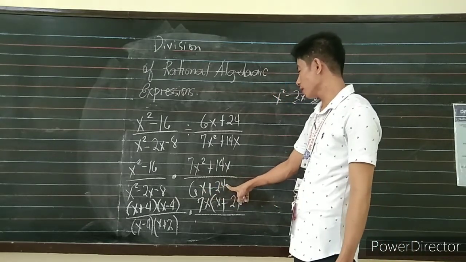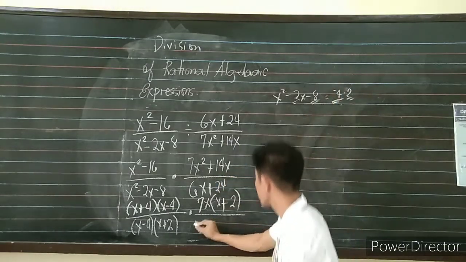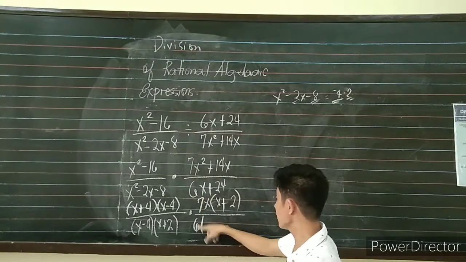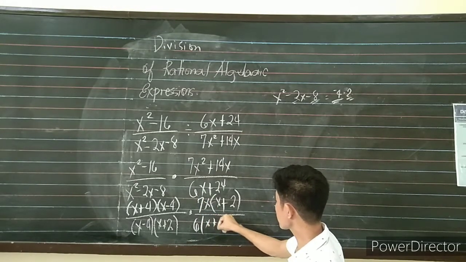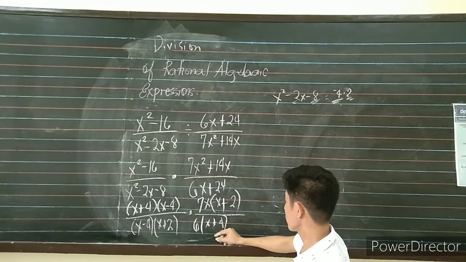What is the common factor of the two terms? That is 6. 6x divided by 6 is x. 24 divided by 6 is 4.